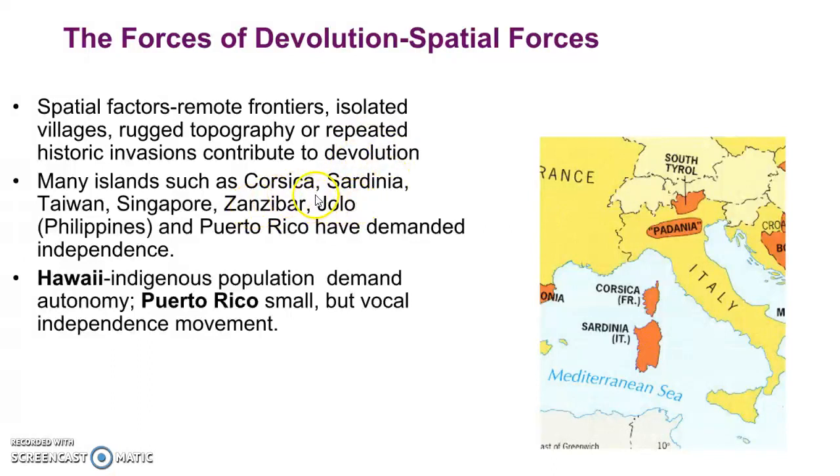So, a couple of examples here: Corsica, Sardinia, Taiwan, Singapore, Zanzibar, Puerto Rico. These are all places that have pushed and demanded independence because they are remote areas, right? The indigenous people of Hawaii have demanded autonomy, and Puerto Rico is obviously not an independent area, a commonwealth. However, it is a territory of the United States.